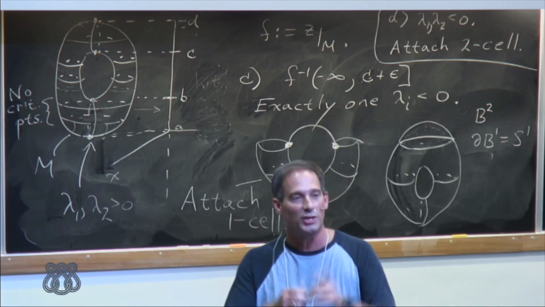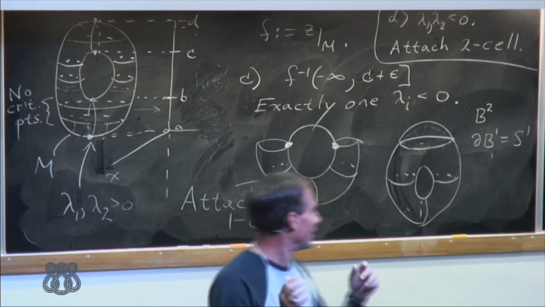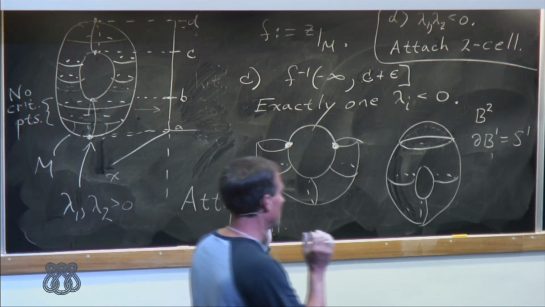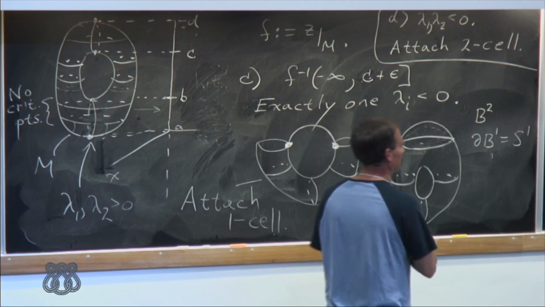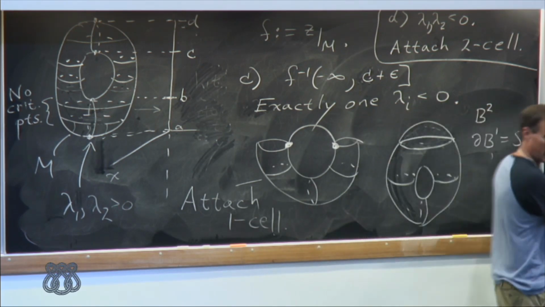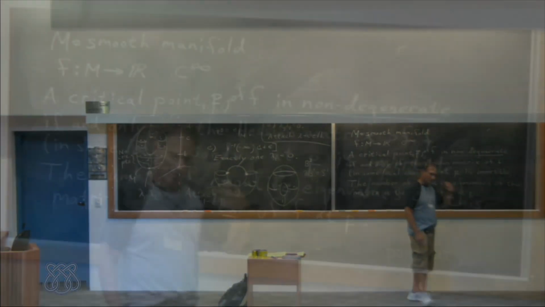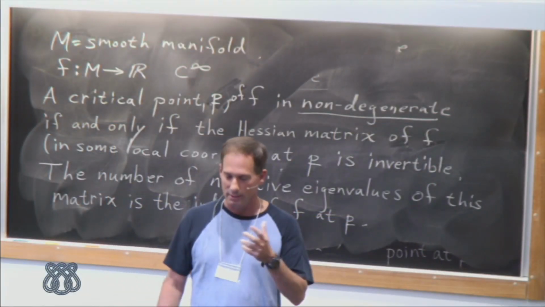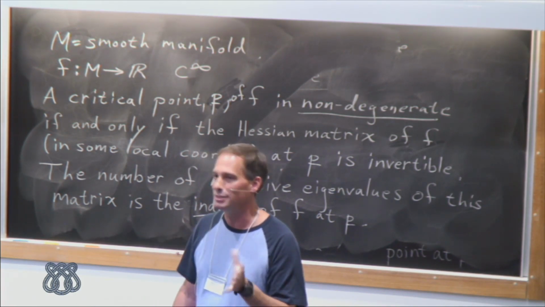It's not true in general that the Hessian is independent of the coordinates. But whether the Hessian is non-degenerate at a critical point, that's independent of the coordinates. And so is the index. That being non-degenerate is independent of the coordinates is easy. That the index is independent of the coordinates, not so easy.